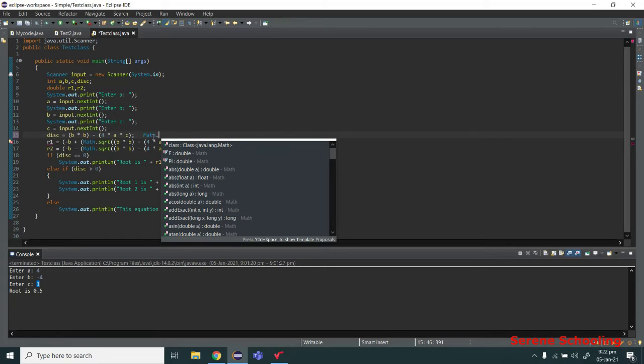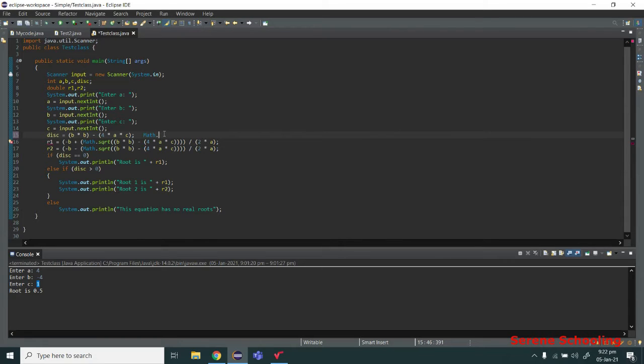Math is a class in Java which has several functions like sine, cosine, square root, tangent, absolute. All these functions are used to perform several mathematical operations. As you can see, all these functions are available in the Math class. So we can use the power function for calculating the power. We have to give it two numbers.